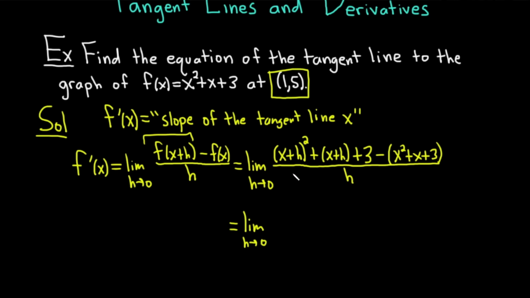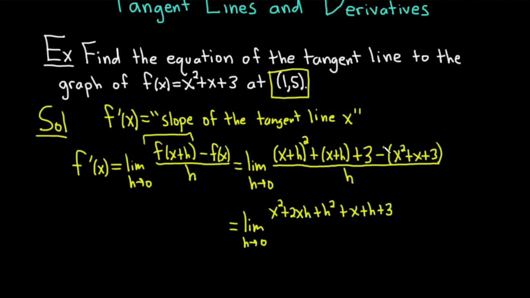So we can now multiply this out, x plus h squared. The trick is there's a formula. You square the first piece, so it's x squared. You multiply the x and the h and double them. So x times h times 2 is 2xh. And then you square the last piece, so h squared. Worth memorizing. We still have the plus x, the plus h, the plus 3.